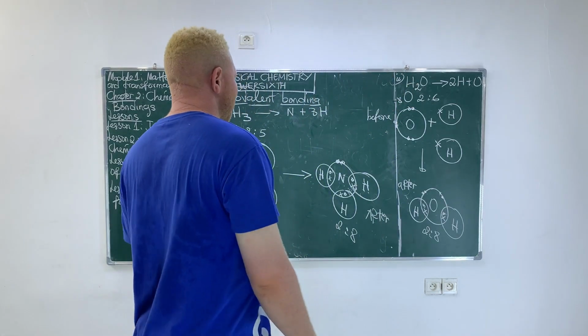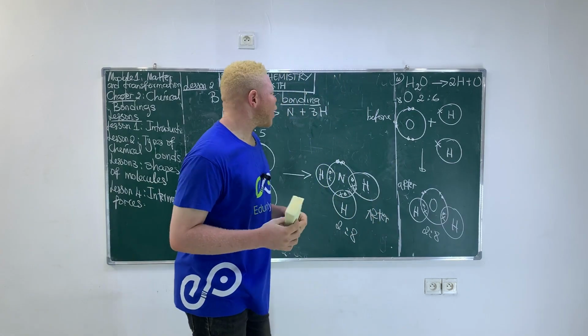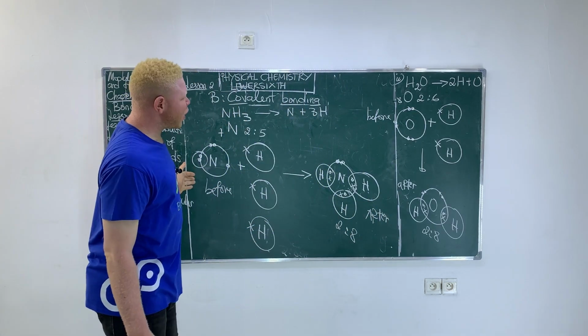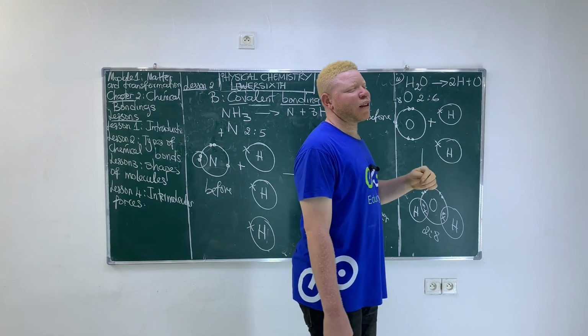So now we're going to see the molecule of methane. That will be our Roman 3. Roman 1 was ammonia, then the second one is water, then the last one is methane.